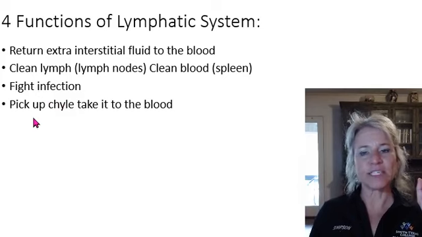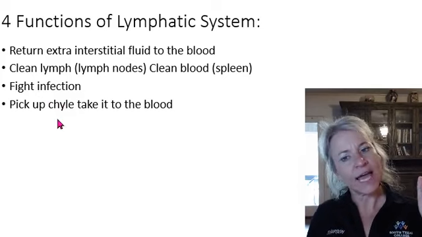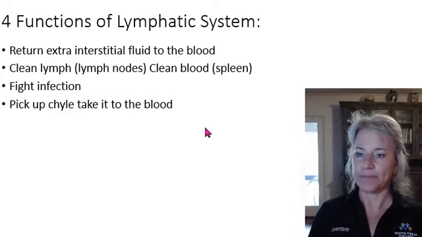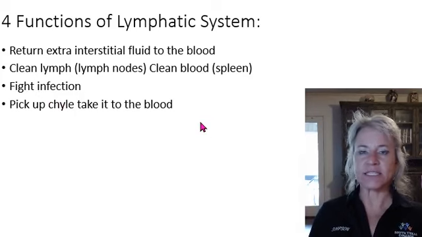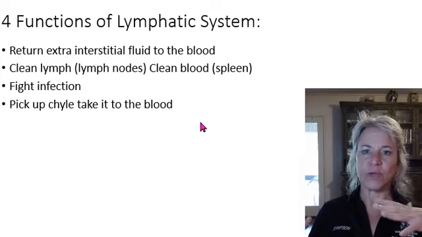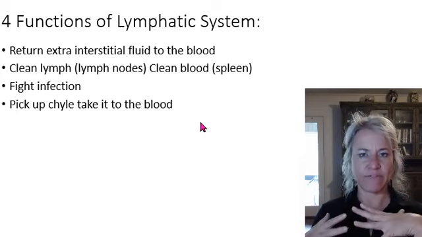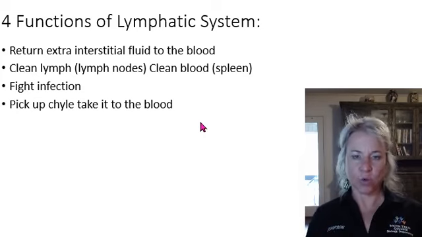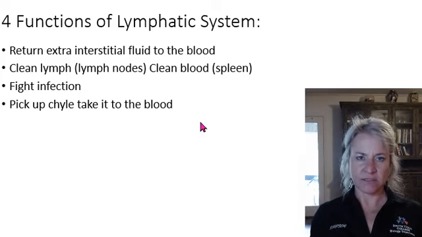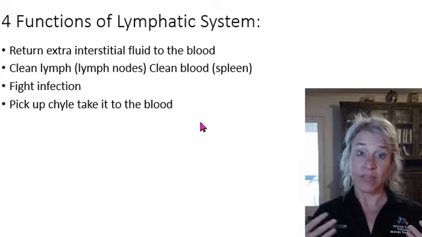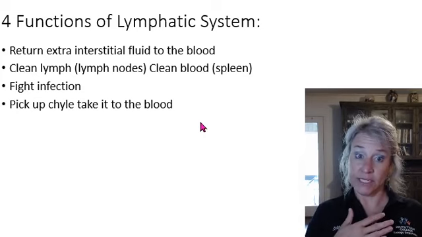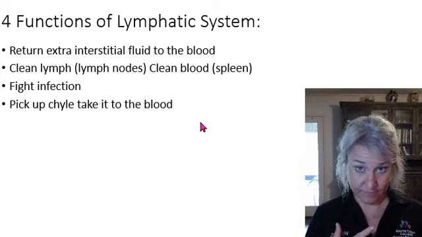And a fourth function is to pick up chyle and take it to the blood. Chyle is fat-laden lymph. So when we digest our food, it gets absorbed from the intestines and goes into the blood, and then it goes to the liver to be processed.